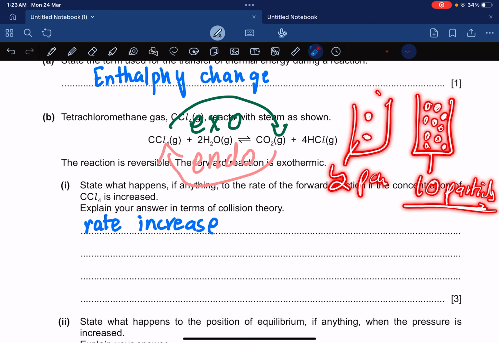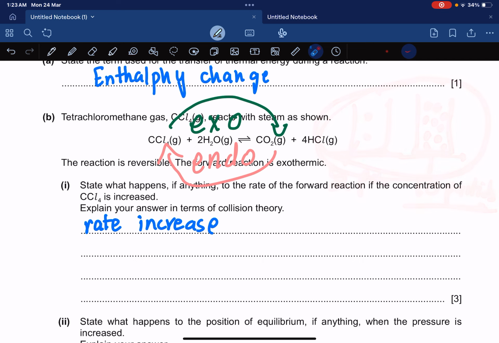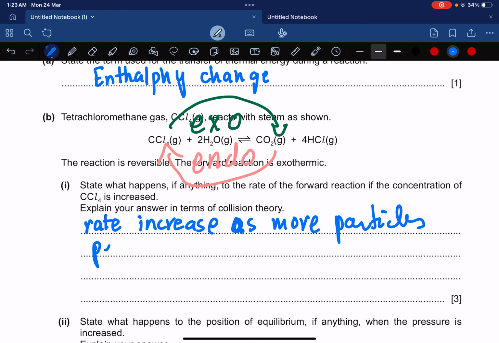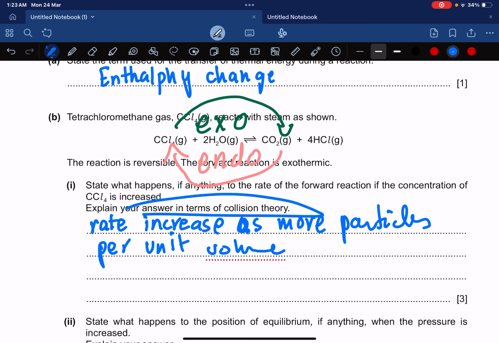So increasing concentration means that you have more particles per unit volume, so the rate increases. And the second thing they've asked is to explain in terms of the collision theory, so we have to include that as well. Hence, greater frequency of effective collisions.